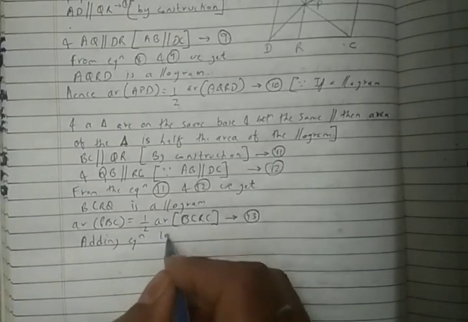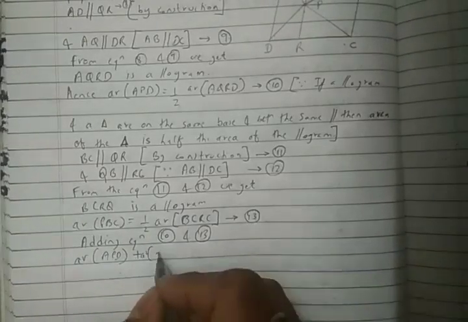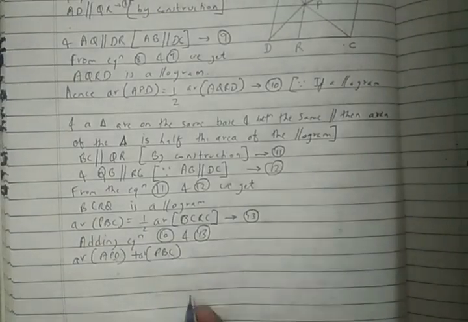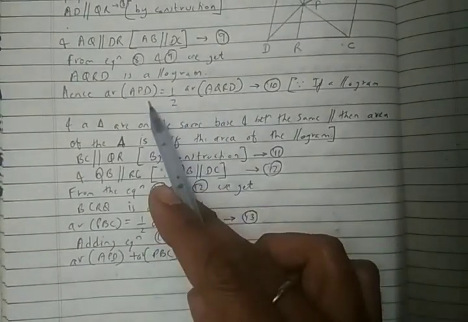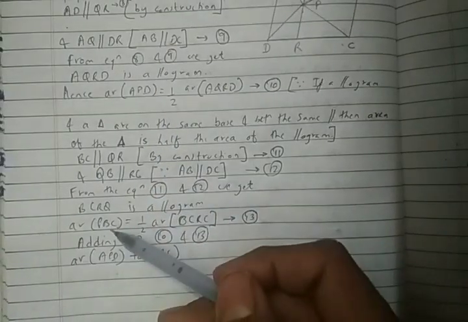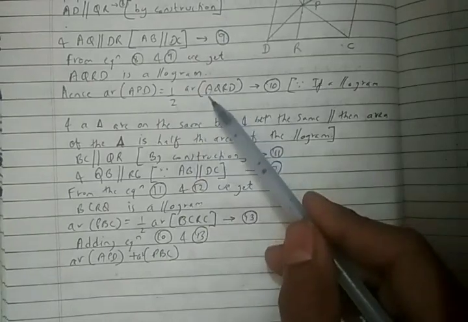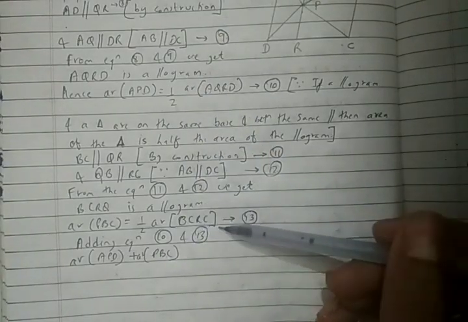Adding equation 10 and 13 we get area of APD plus area of PBC. Right? When we add this plus this, we will get area of AQRD plus area of BCRQ.